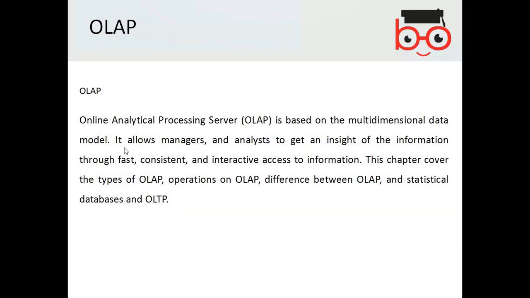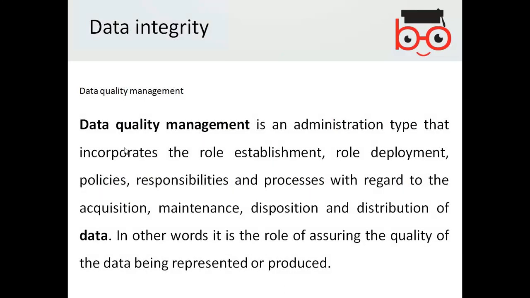This is another type of transaction processing, for managers. So overall, we are giving an overview of transaction processing systems, big data, databases, types of databases, relational databases, and so on. And next is data quality management.